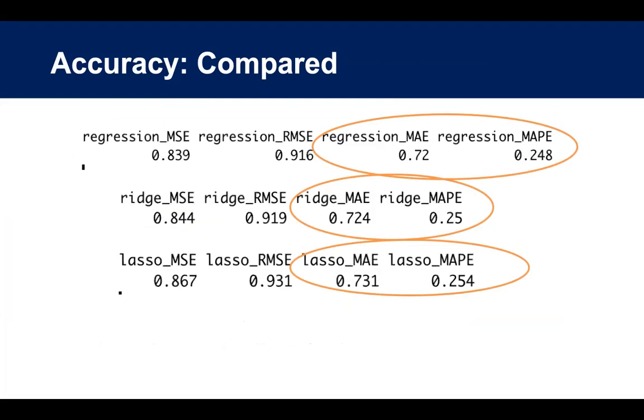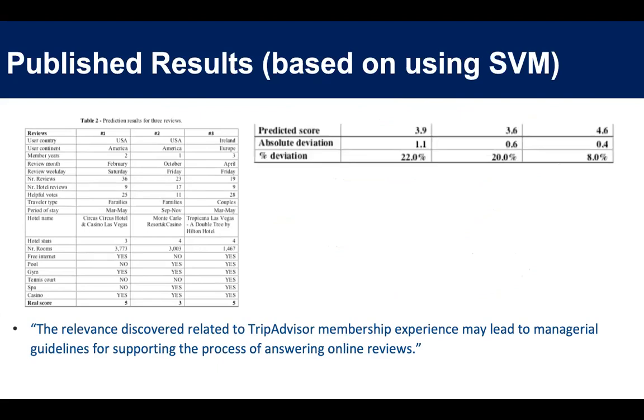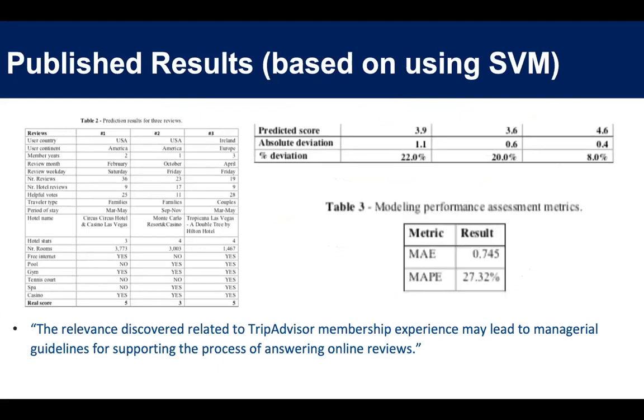So when I compared the accuracy here, in fact, the results from regression versus ridge versus Lasso for this particular data set didn't vary a ton. So in fact, what was published, so here's an example here of the actual versus predicted. But in summary, what was published here was a mean absolute error of 0.745.